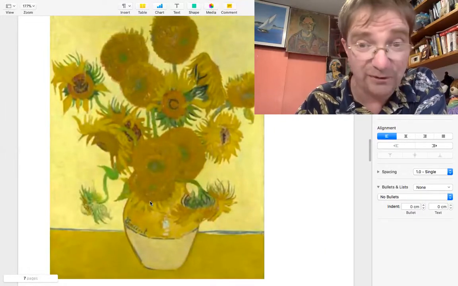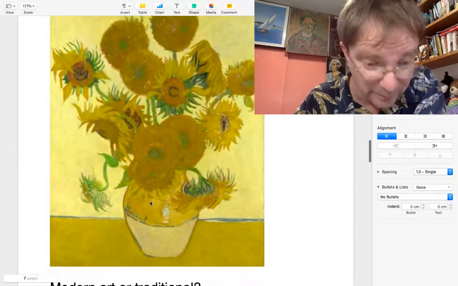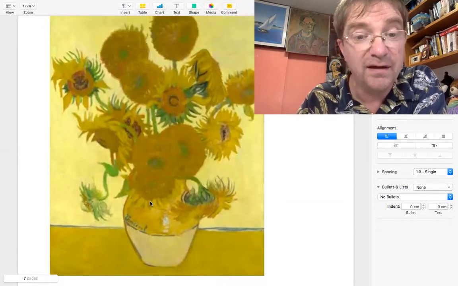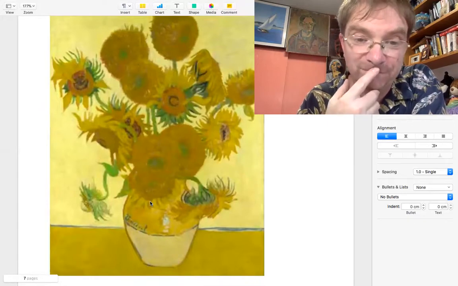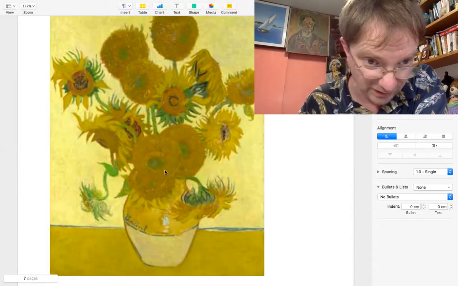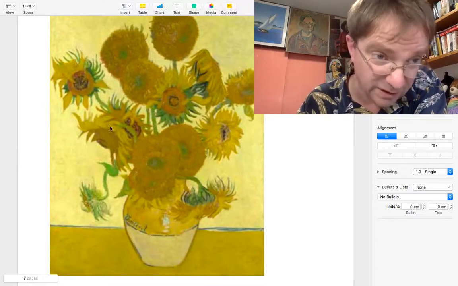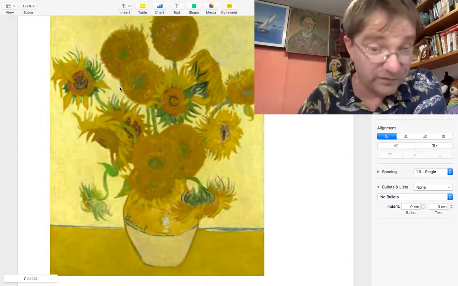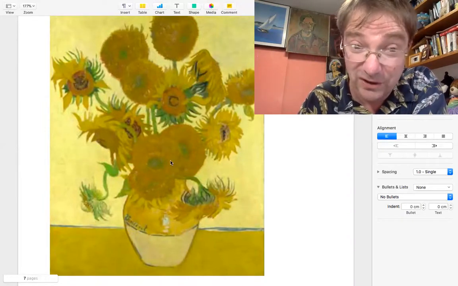Well, yeah, kind of both, isn't it? It's pictures of flowers. Flowers are very traditional, but the way he's painted it shows a lot of his feelings about the sunflowers, I think. And they do look like sunflowers, but the style puts lots of paint, it doesn't look like a photograph.